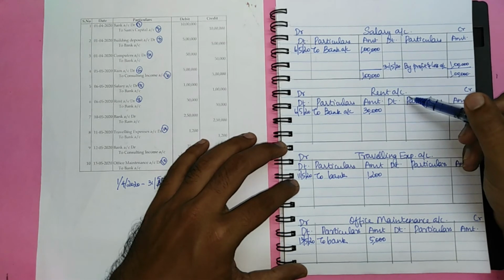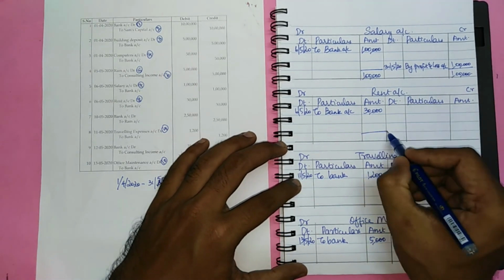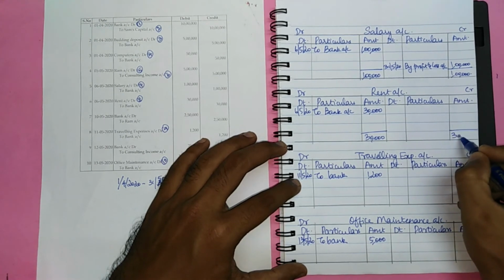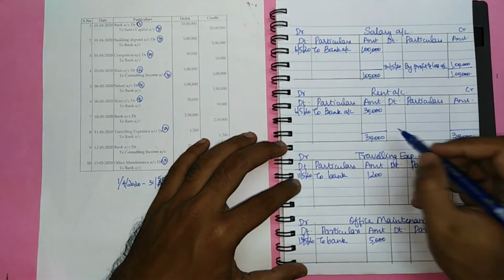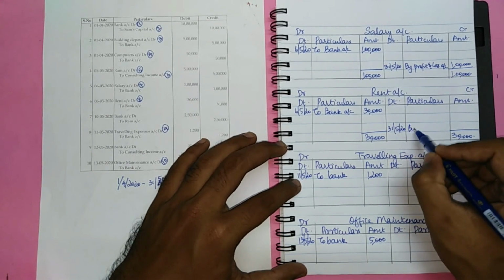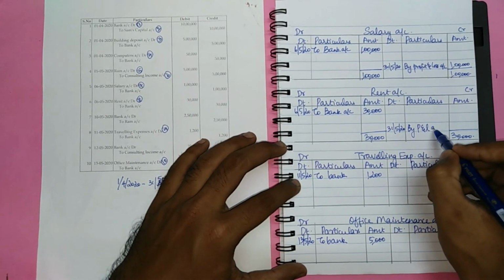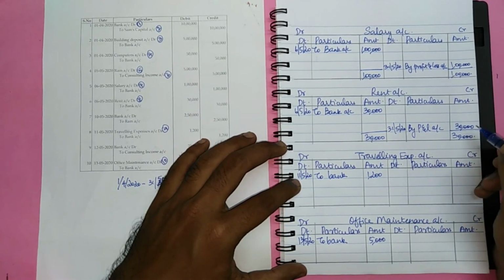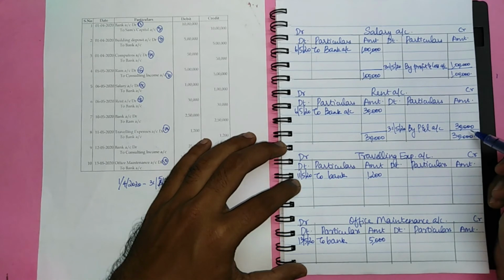Next, rent account. The highest balance is 30,000, so 30,000 and 30,000. On 31st May 2020 by profit and loss account, 30,000. So this is an expense.